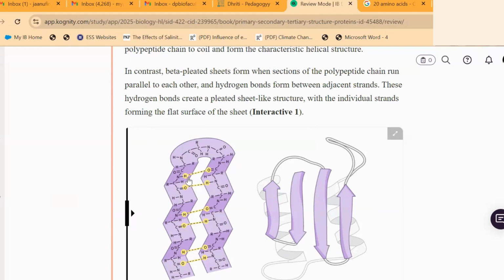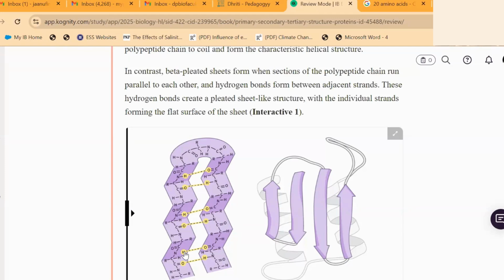You can see the hydrogen bond formed between the adjacent strands. Same way, by the hydrogen of the amino group of one amino acid and the oxygen of the carboxyl group of another amino acid. This is what gives a pleated structure.